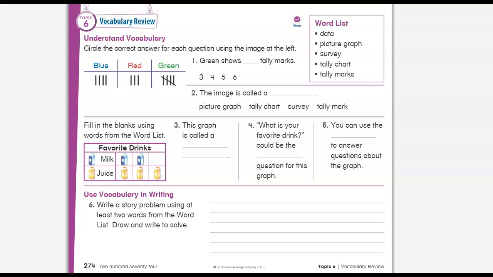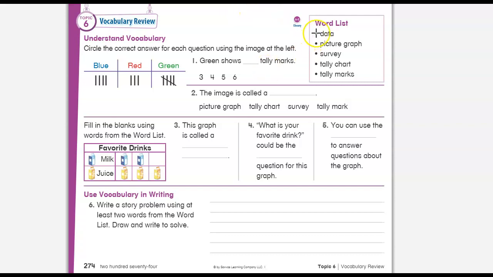Math lesson today, we are going to be completing another review activity for topic 6. Today we are going to be completing a vocabulary review. We have a word list here on our page.